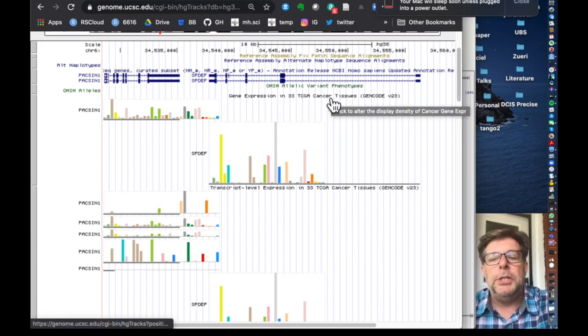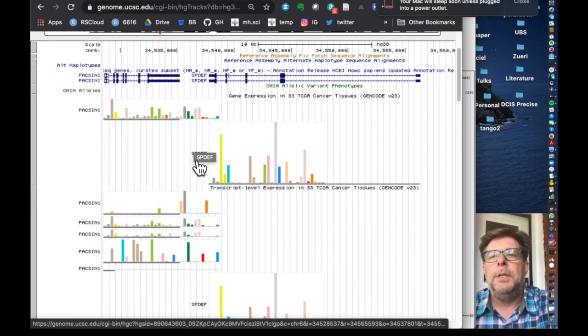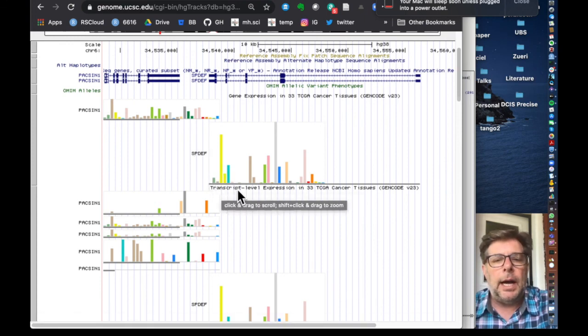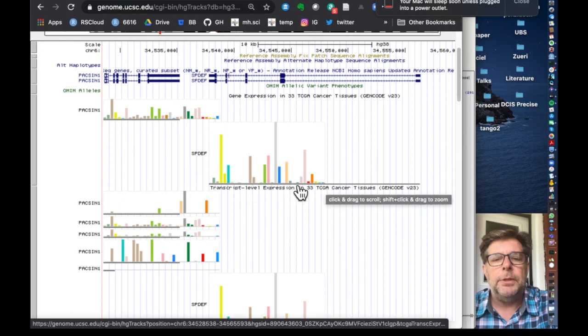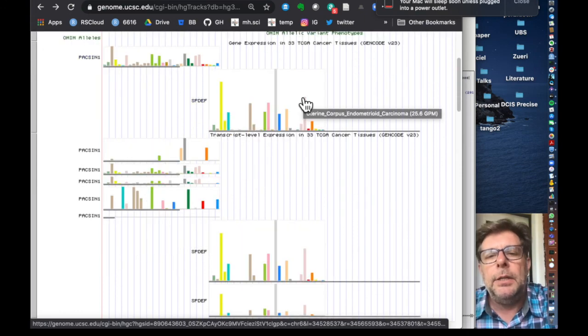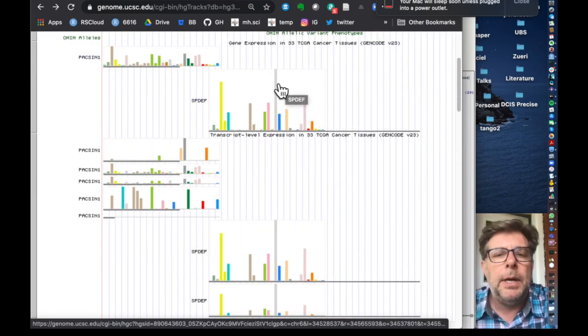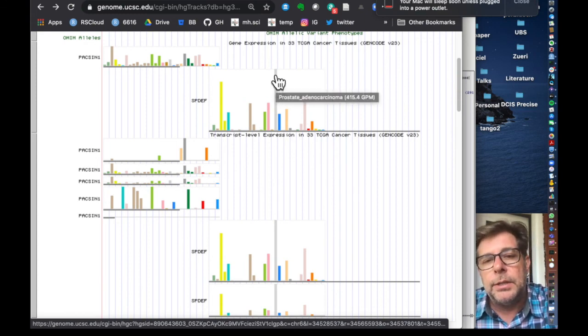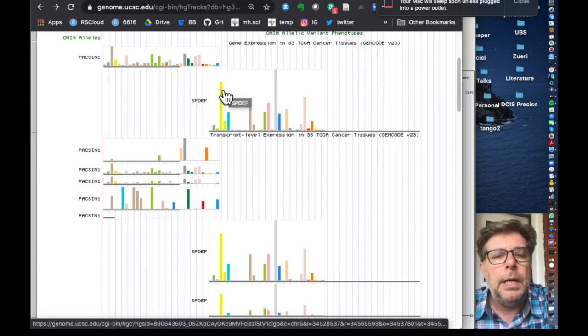But for the cancer gene expression, now it shows me here for SPDEF how it's expressed across different tissues. I can see that it's active in the uterus, so it's highly expressed. This one here is the prostate. So that's consistent with what we talked about before.